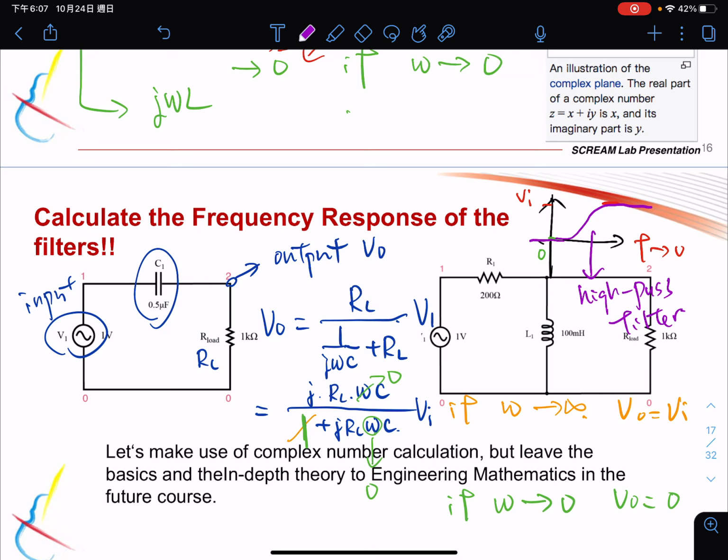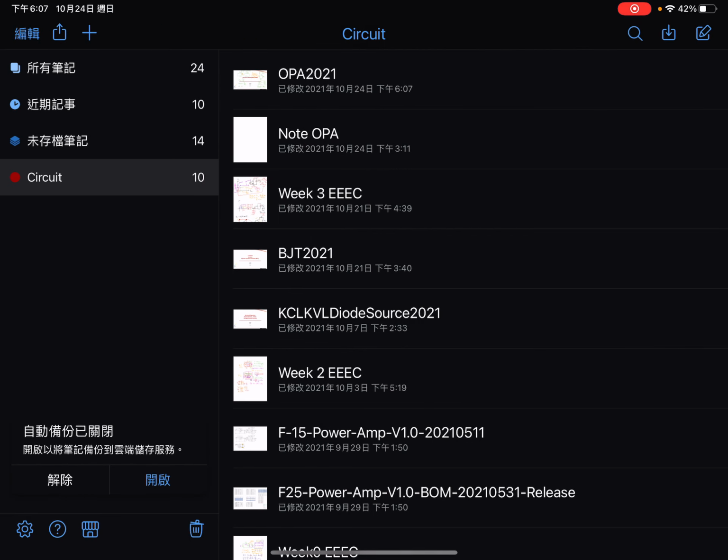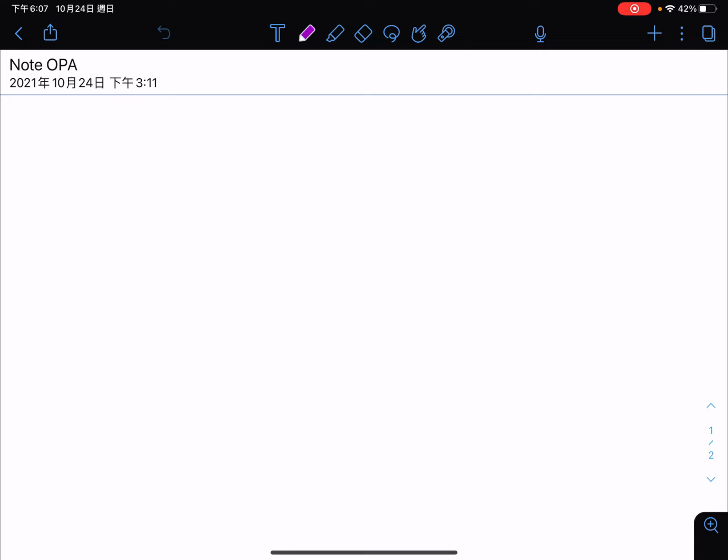So the gain, what about the gain? Let's go to the other side so that we can make some calculation there. As we can see, the V out will be equal to j omega RC over 1 plus j omega RC times V in.